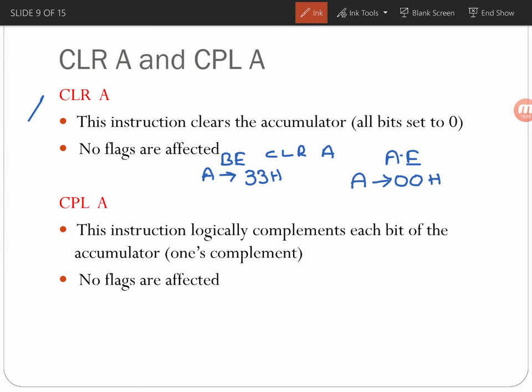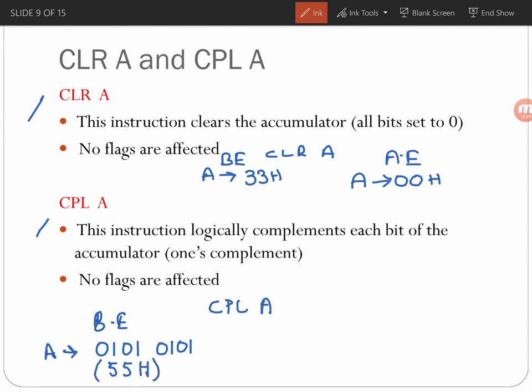Next, complement A. This instruction logically complements each bit of the accumulator, and no flags are affected. So let's see CPL A. For example, before execution A has 0101 0101, nothing but 55H.